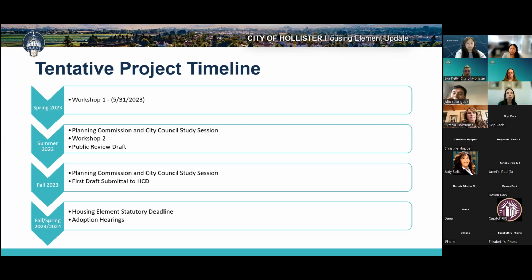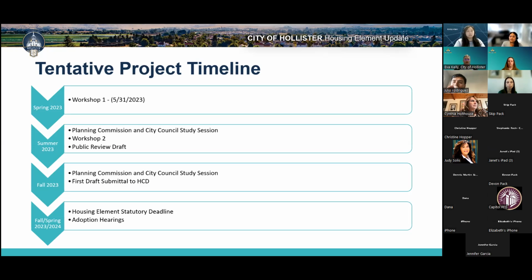It will then go through review at the state level, and we will receive comments from them towards the end of the year. Following that, we'll be working closely with HCD in addition to city staff to make final revisions based on HCD comments to make sure that the housing element is ready for certification.